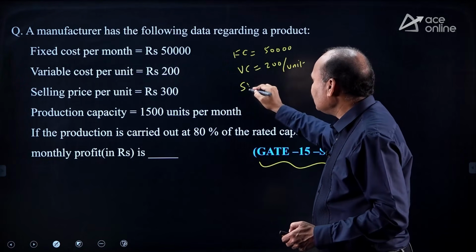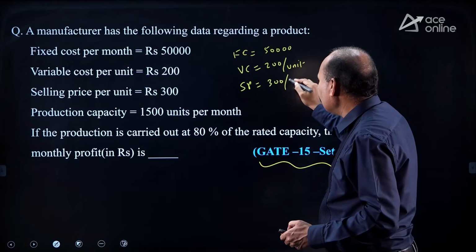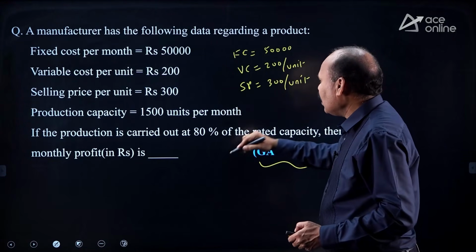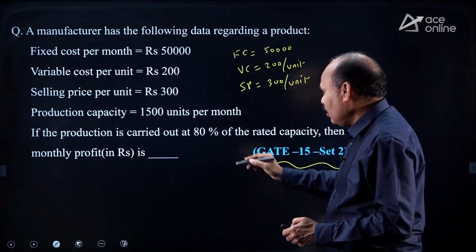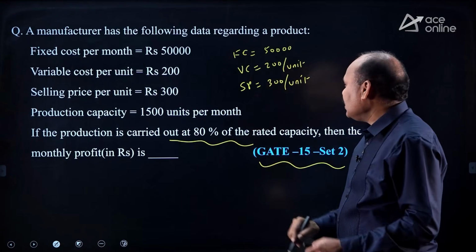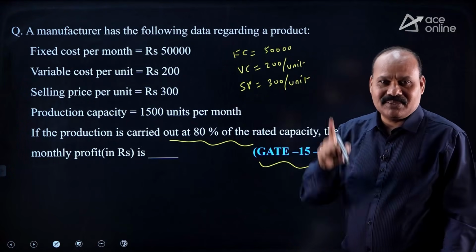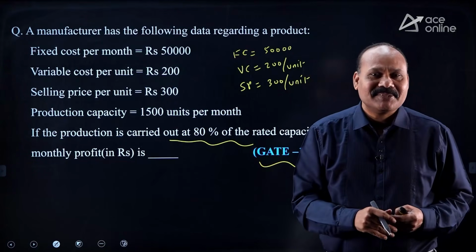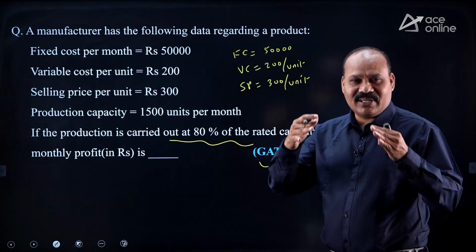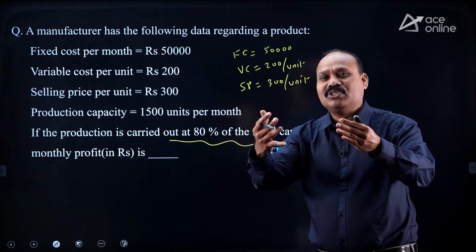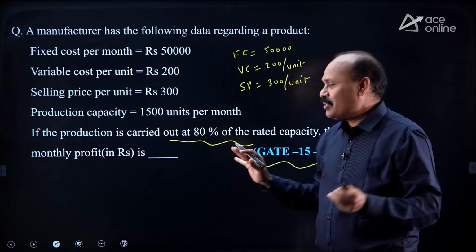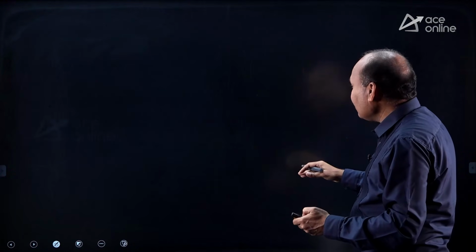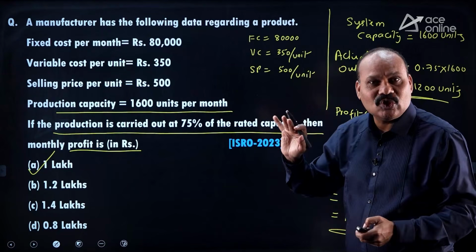Selling price 300 per unit. Production capacity 1,500. Efficiency 80%. There it was 75%. Same question. What is the profit? What I would like to convey is that the GATE paper question has been taken as it is. GATE 15 and this one is ISRO 2023.